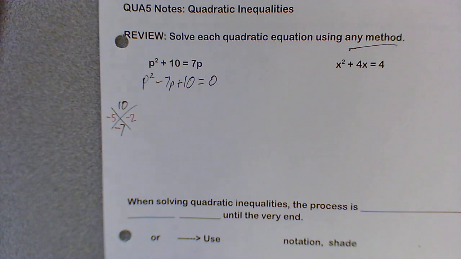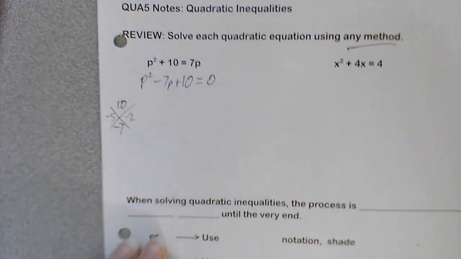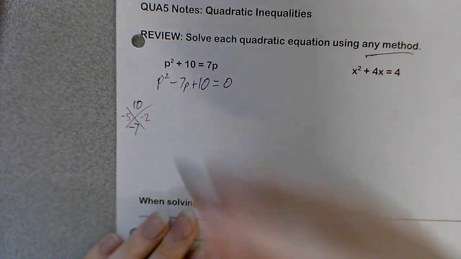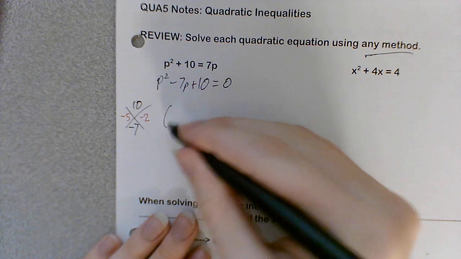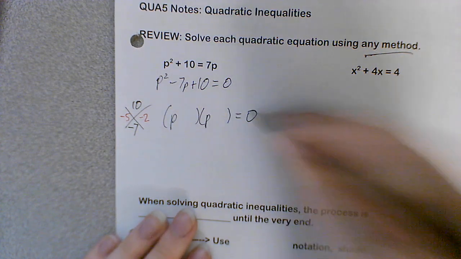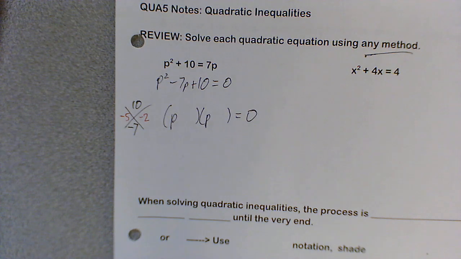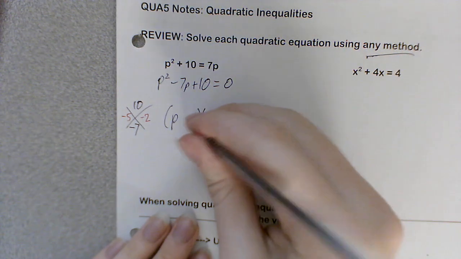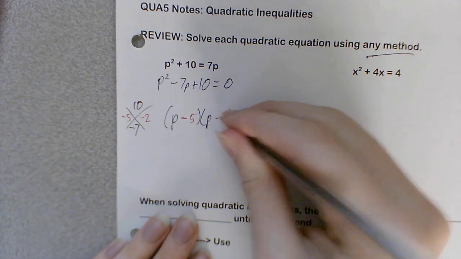Now, you don't have to split the middle term because our leading coefficient is 1. So because our leading coefficient here is 1, you can write this as 2 factors, where the other parts of the factor are just the two numbers on the side.